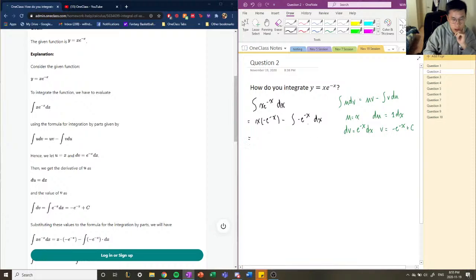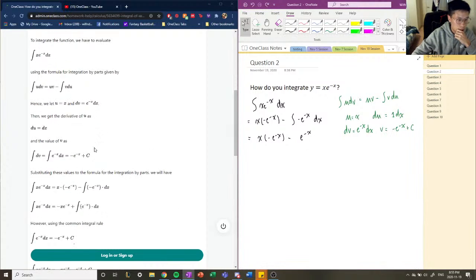So if we were to solve this, it would be x times negative e to the negative x, minus e to the negative x. So that's how we solve that.